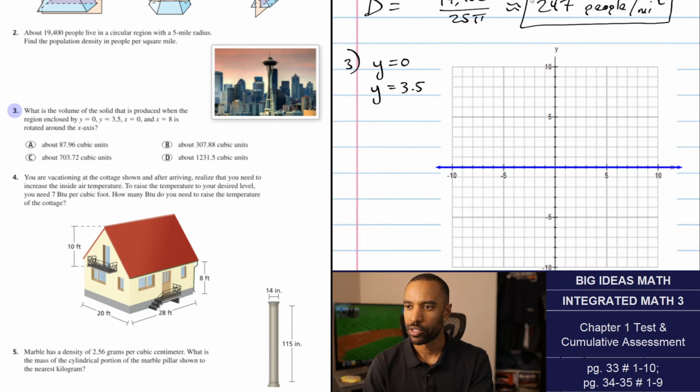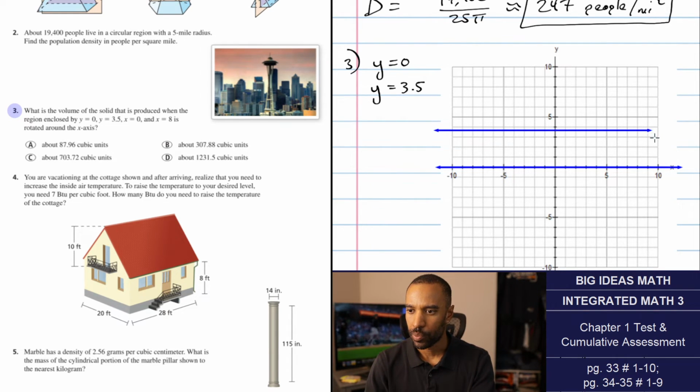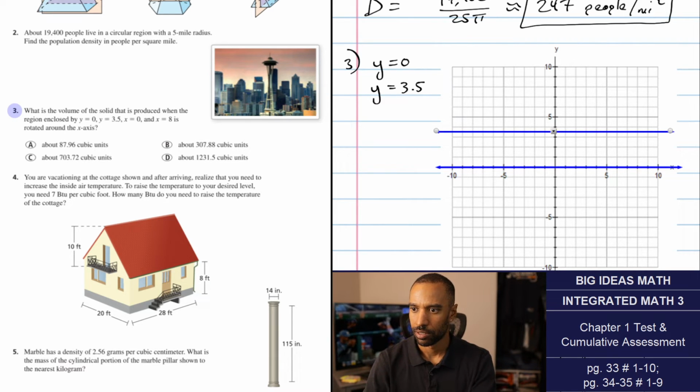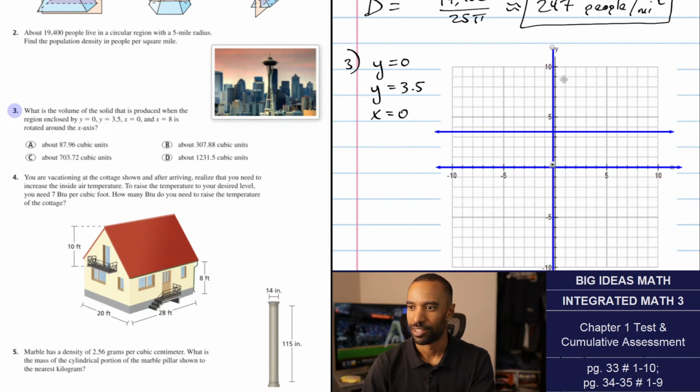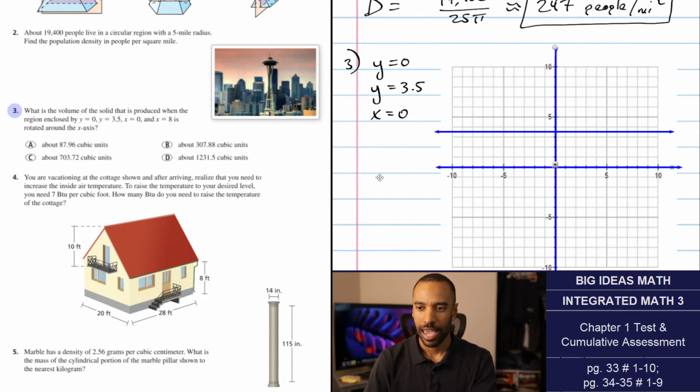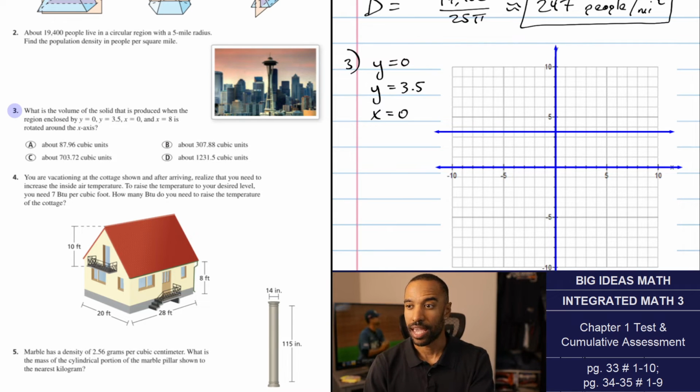Interesting one. It's a horizontal line between 3 and 4. Maybe one more click down. Okay. Y equals 3.5. X equals 0 is the y-axis. And x equals 8. So this is a rectangular thing that we're going to be rotating.